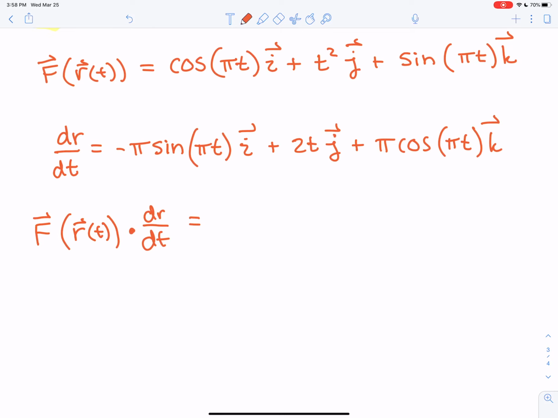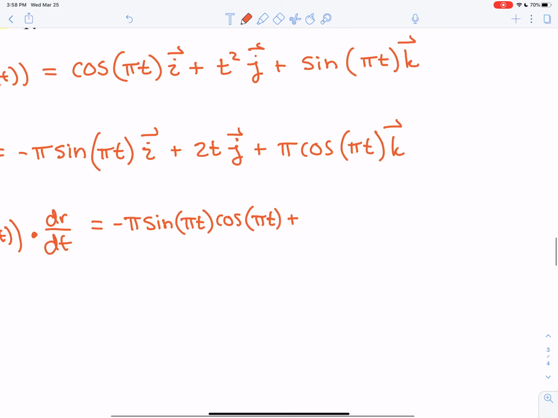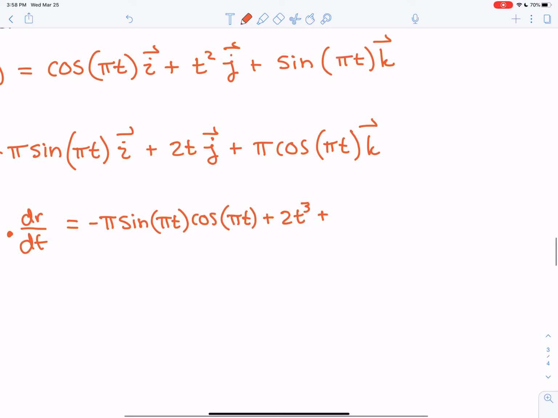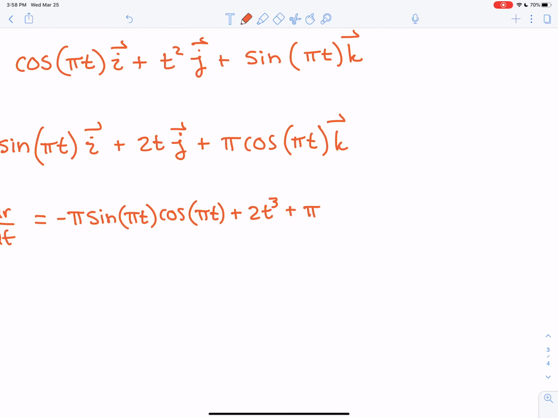So we'll have negative pi sine of pi t times cosine of pi t plus 2t cubed plus pi sine pi t times cosine of pi t, right?